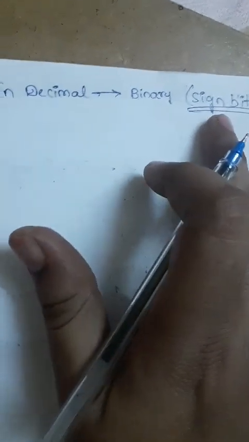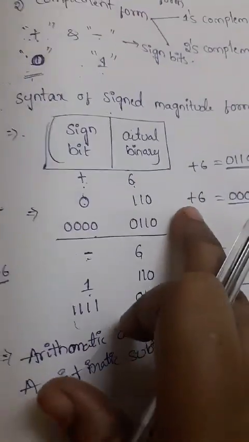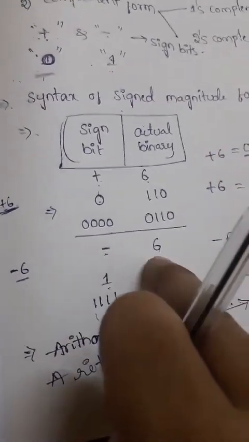For example, plus 12 is a decimal number. The plus sign will be converted into the binary formation, as well as 12. The plus sign becomes zero, and 12 will be converted using the 8421 code, right? So that is the first step.